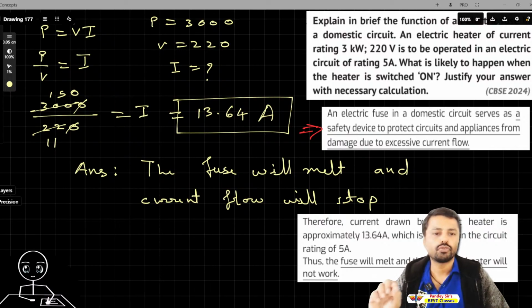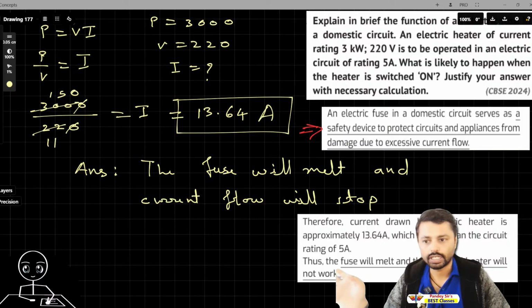Now, one of the most challenging questions I'm asking. Let's see, can you do it? It was asked last year. In this question, you have to find out a few important things, like how to calculate the resistance.